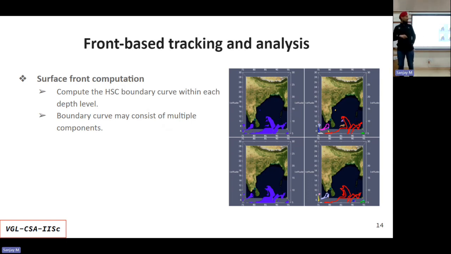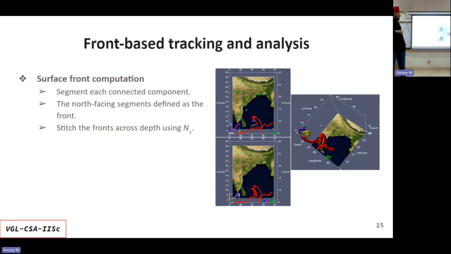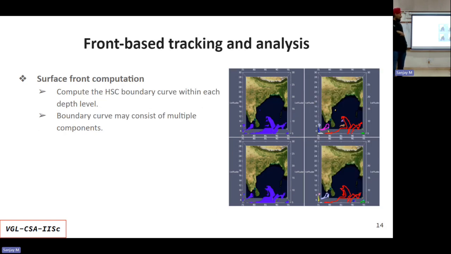Why are components important? Well, let's say we want to track one of the boundary components. Another boundary component in the same depth and same time step might not be close to it. We will have to consider it a separate surface front, right? So once we have these components of the boundary, we extract the ones which are facing north. For that, we start with the westmost point, and we take a walk going north towards the eastmost point, and we collect the points which are there.